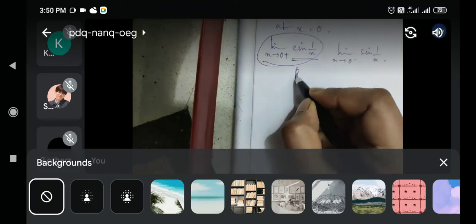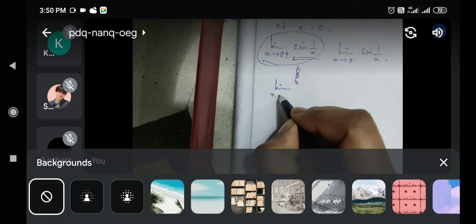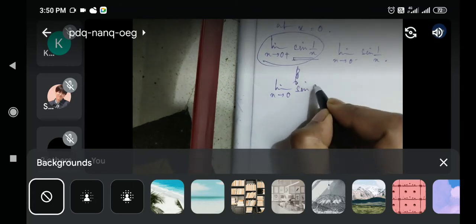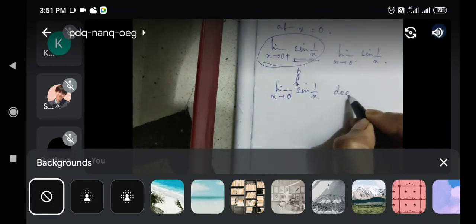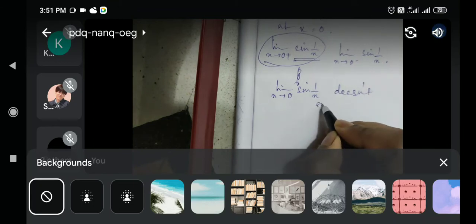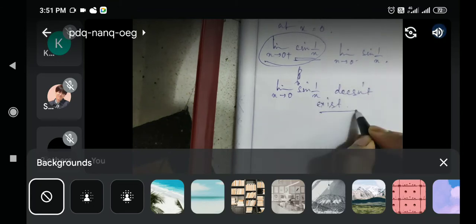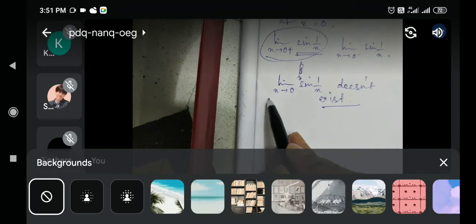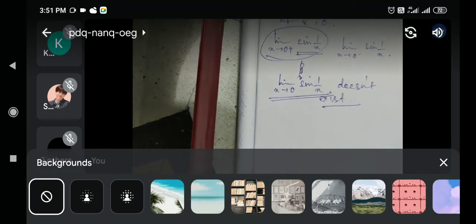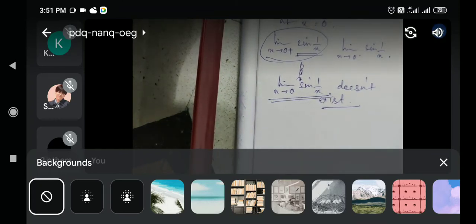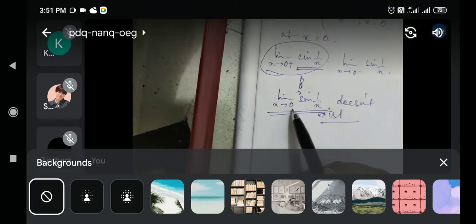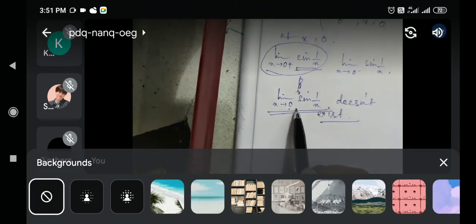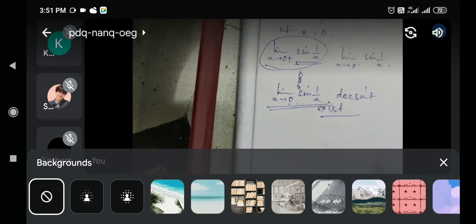Can't you remember? Limit x tending to 0 of sin(1/x) does not exist. We have proved it in several ways, using Cauchy's criteria and sequential criteria. Go and check your copy of the limit chapter. This limit does not exist. So obviously the 0 plus and 0 minus limits also don't exist.